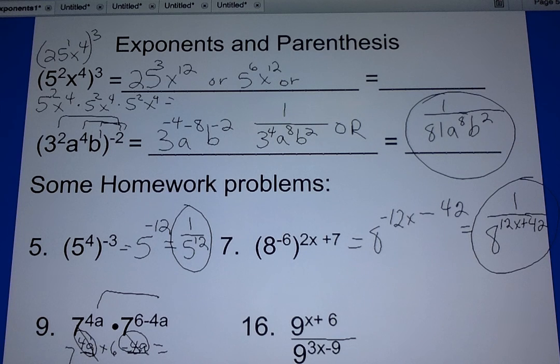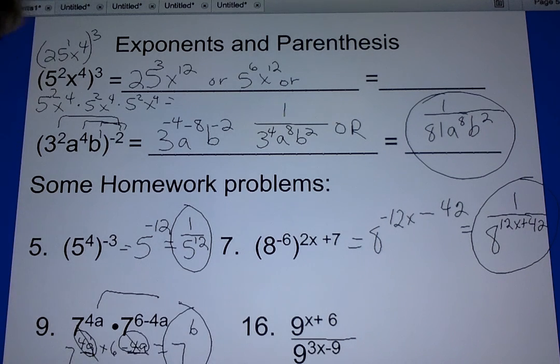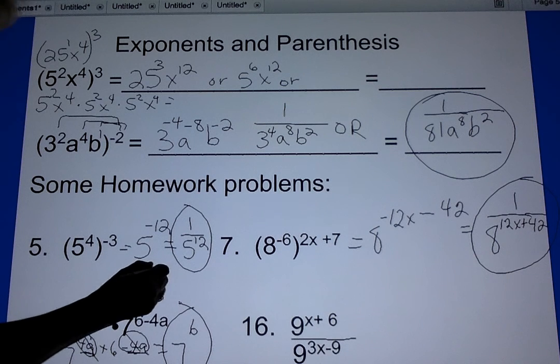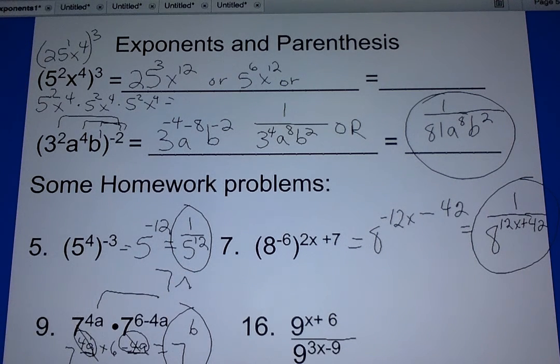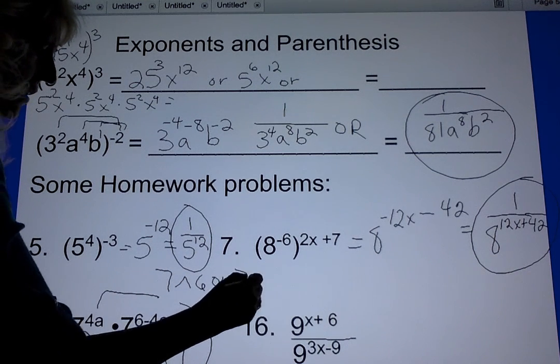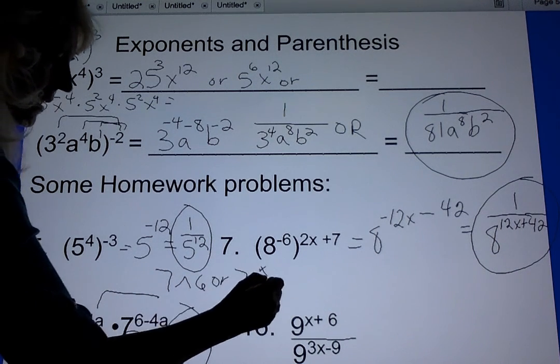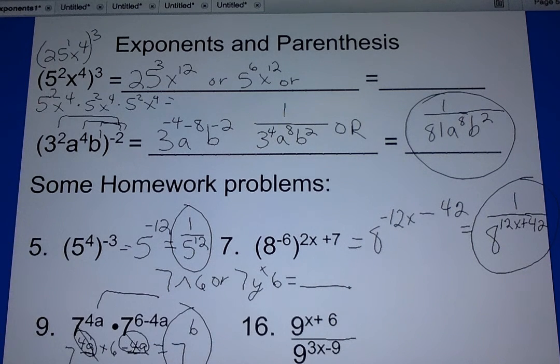So they go away. So we're left with 7 to the 6th power. And if you wanted to do that on the calculator, again, it would be 7, 6th or y to the x, 6 equals, and whatever your calculator gives you for that. You could use that if your calculator has that.